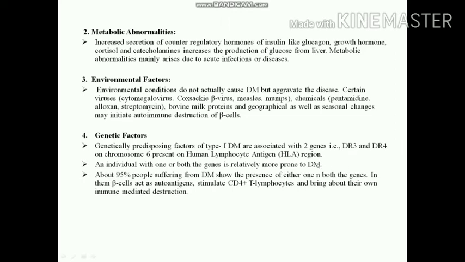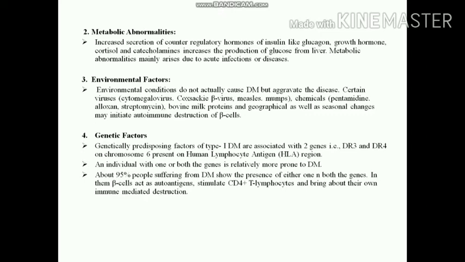That means if any individual has DR3 or DR4, then the person is more prone to the DM. About 90% of people suffering from DM show the presence of either one or both of the genes, and in them beta cells act as autoantigens and stimulate CD4 plus T lymphocytes and bring about their own immune-mediated destruction. Okay, this is about the pathophysiology of type 1 diabetes.